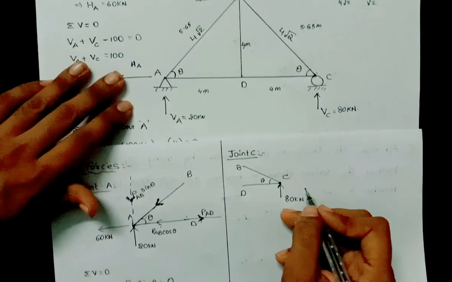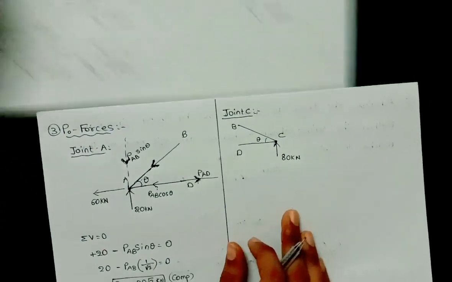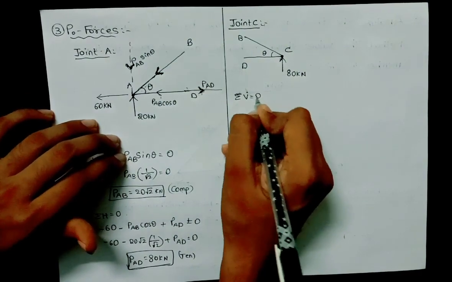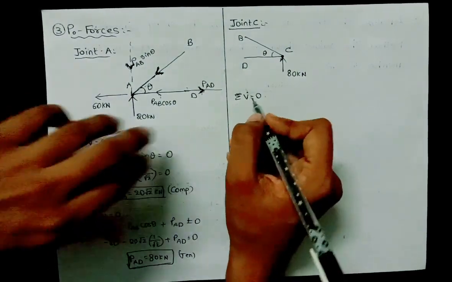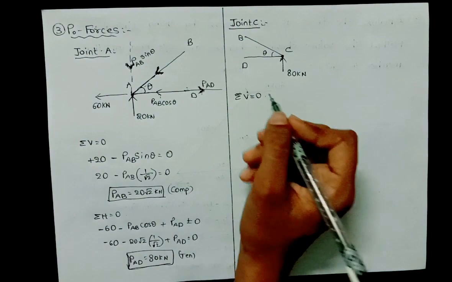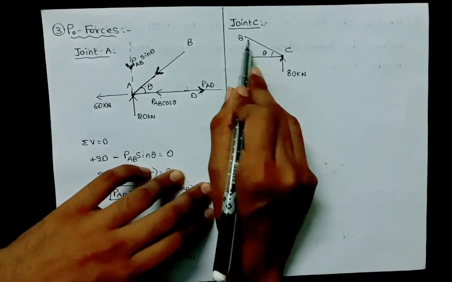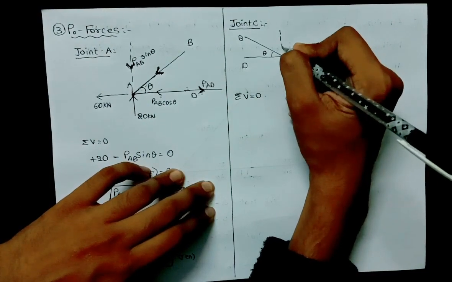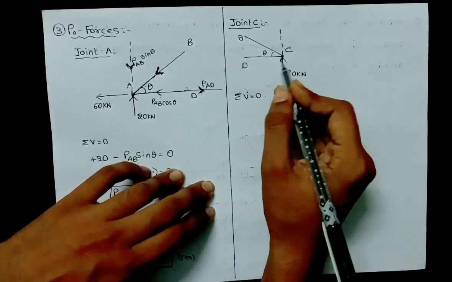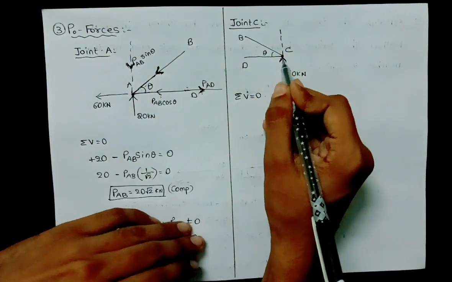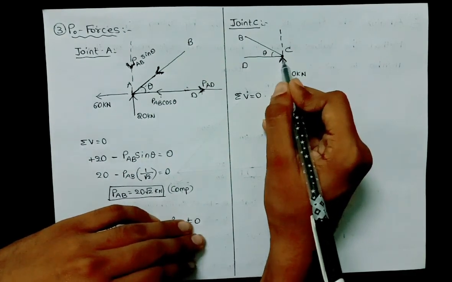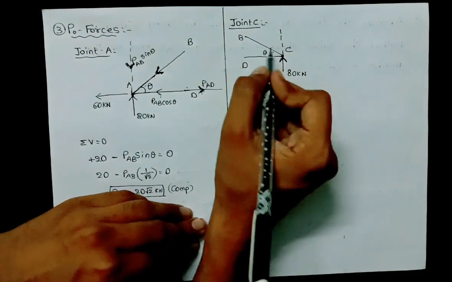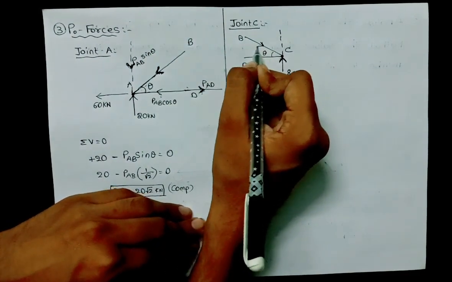Okay, so now again the same process. Sigma V equal to 0 at joint C I am applying. That means we have to identify all the vertical forces. This is the inclined one, so I should resolve first in the vertical direction. I have already told you that if this reaction is in upward direction, then assume the force in member BC in downward direction.